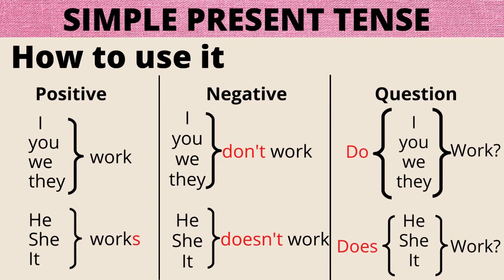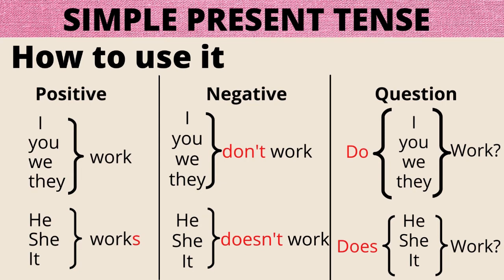Now let's look at a negative sentence. So, when you want to make a negative sentence, there are 2 kinds of patterns to follow. The subject is very important here. So, if your subject is I, you, we, or they, we include don't before the infinitive verb. So, yes, you can also use do not, but in everyday speech we use this reduced don't.